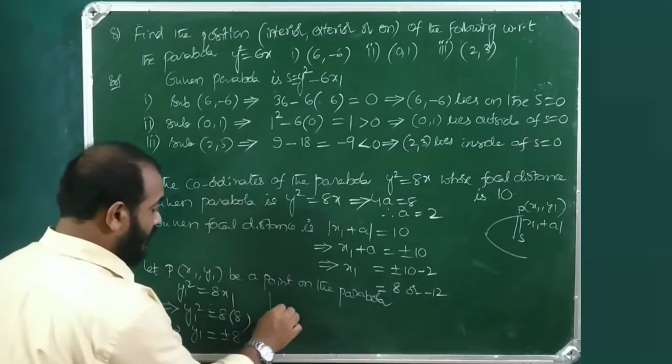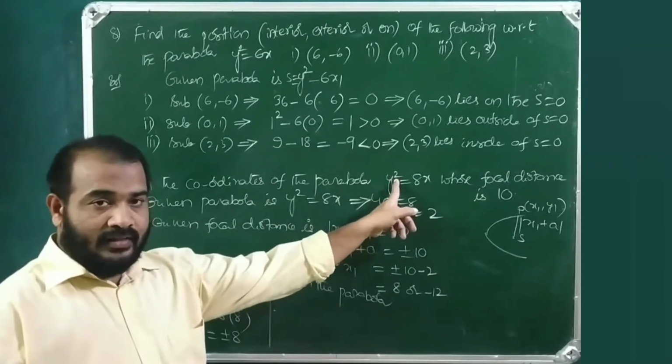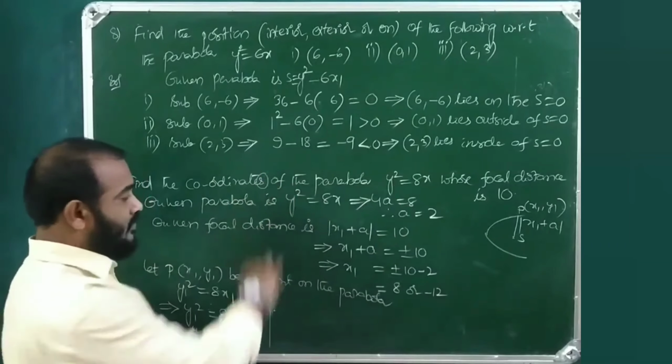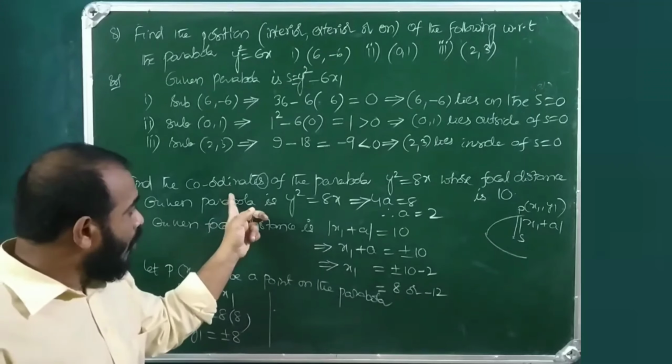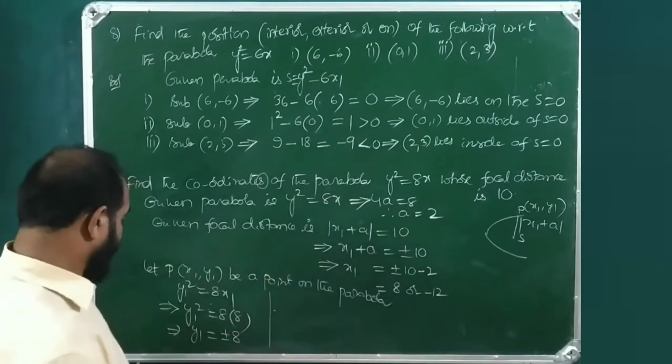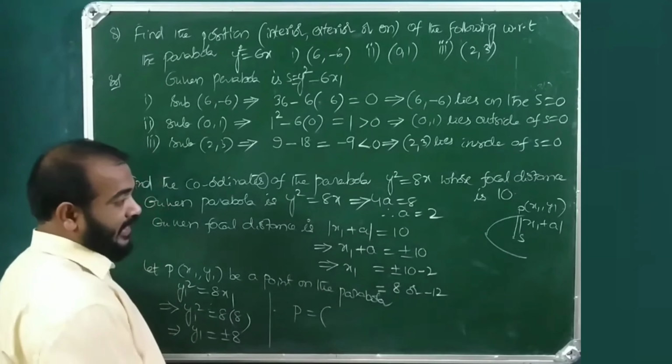So therefore, find the coordinates of the parabola. That means plural sense, we will get more than one coordinate of the parabola. So one point is P equals to x1 y1.